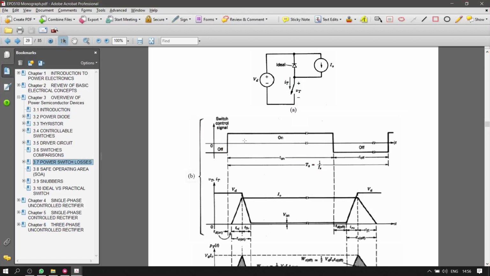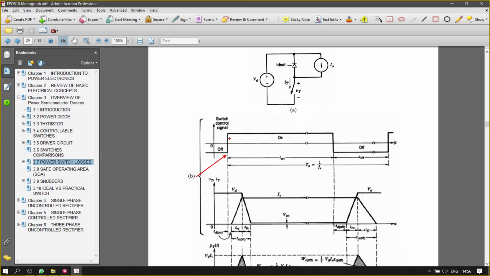Go further. So this is the pulse, which means the pulse from the driver circuit. You trigger the thyristor, for example, at this particular point. In theory, for an ideal switch, as you start to switch on the thyristor, or the MOSFET, the IGBT, all the controllable switches here, it will turn on instantaneously.